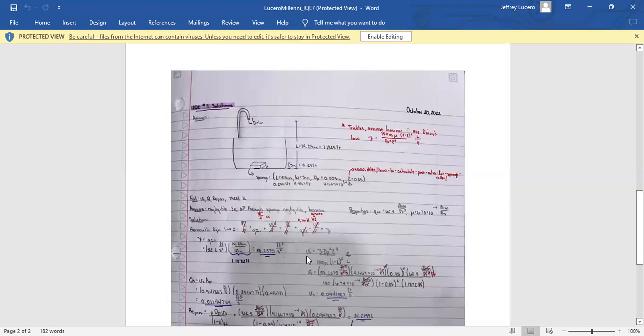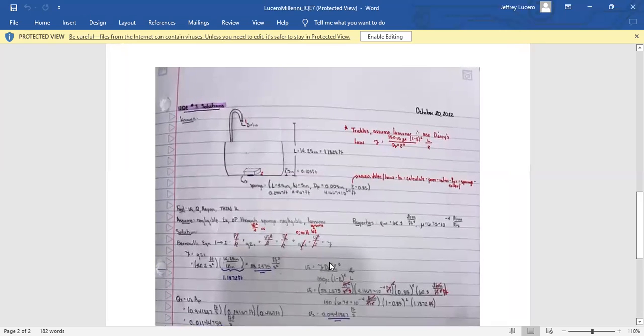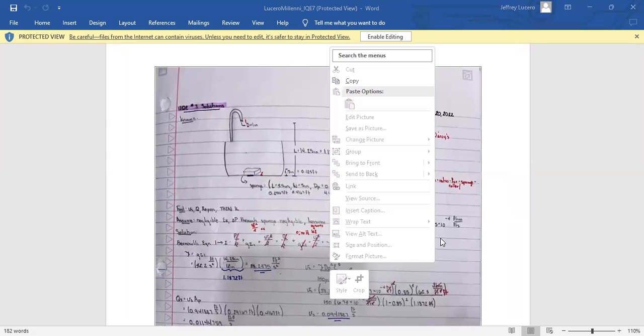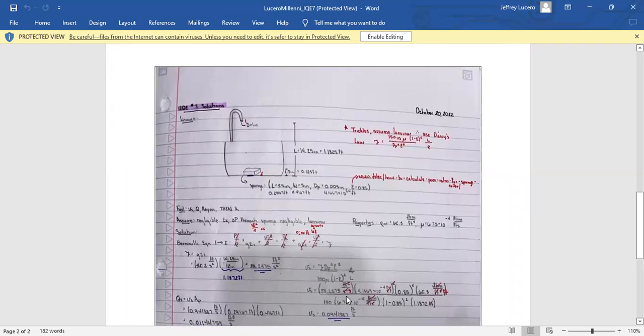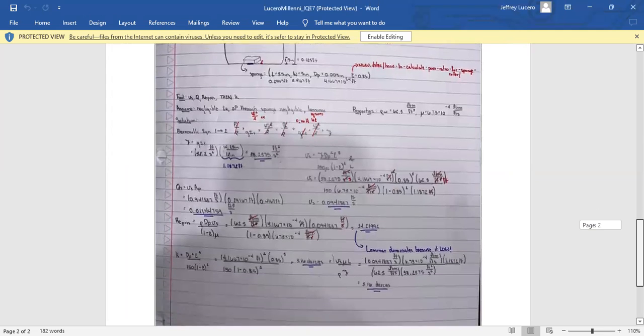To find Vs, we can manipulate the friction, Darcy's law, to have Vs equal the opposite of friction. And when we put all the numbers in, it's 0.09418887 feet per second, which makes sense.